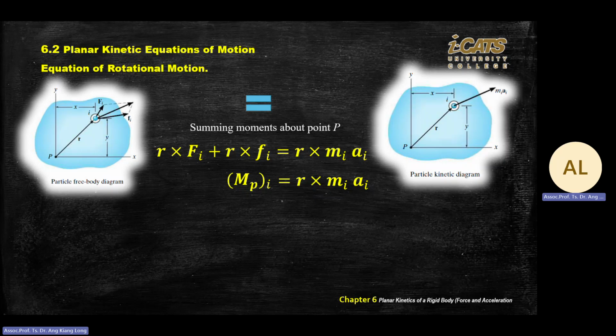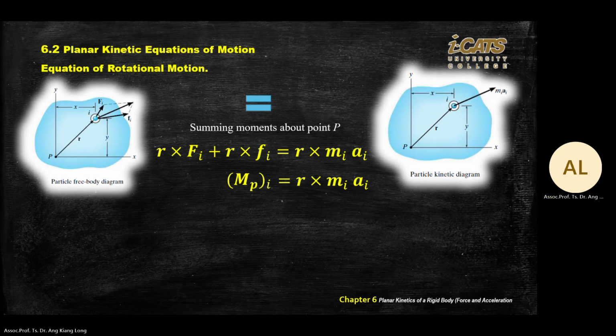So MA again, combination of MA give you force. So once you have a force, you also generate moment. So you take the MA, you break into X and Y also. Same. So this one, if you break into X and Y, it's also same.